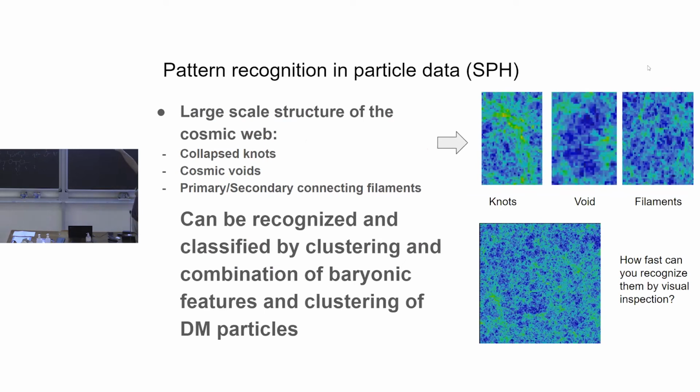Example, I have my structure. Can you recognize this overdense region? Can you disentangle it from this void, or understand what is chaotic because it's just full of filaments, doesn't have any specific pattern, okay? And how fast are you in doing this? That's a question that I ask my machine learning algorithm.